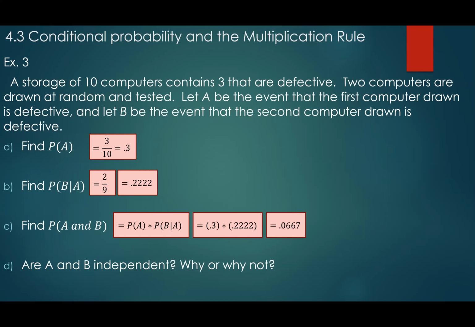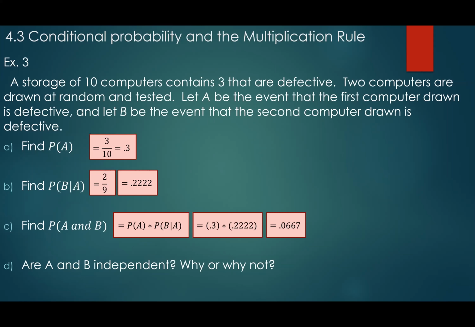Because A has already happened, just like the pen example I gave you last time. Let's say I have 5 pens in my hand. If I take out one and I don't put it back, do you see that the first time I have 5, and after I took one out, now I only have 4?